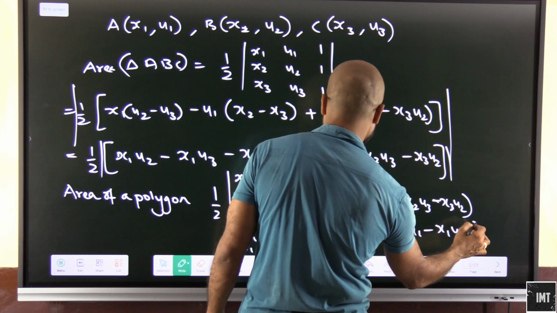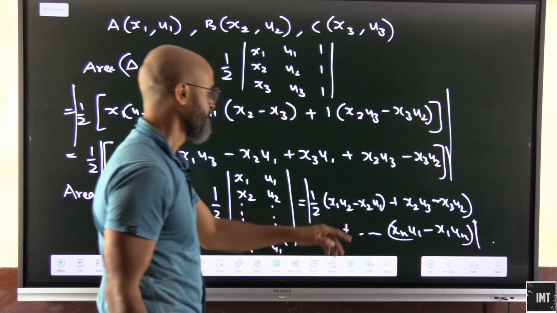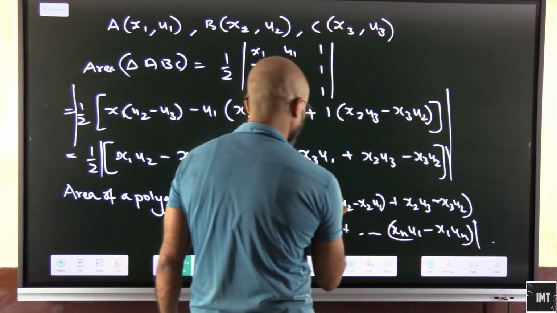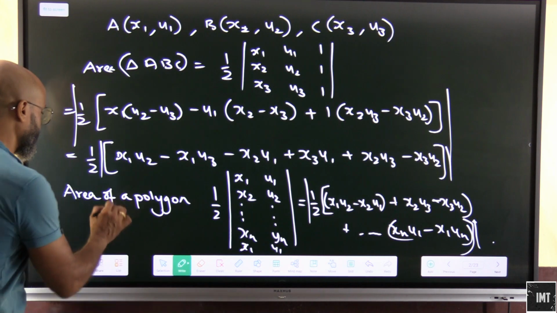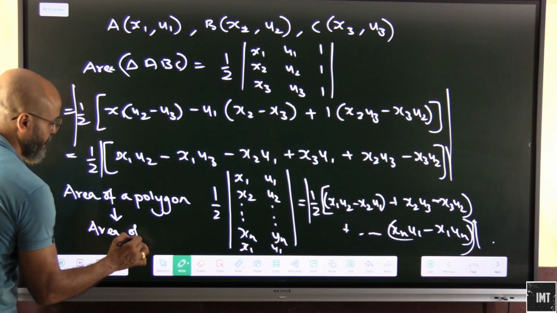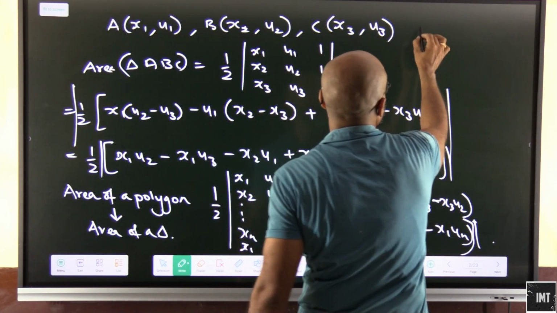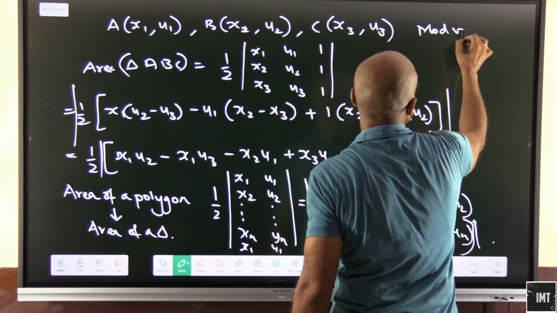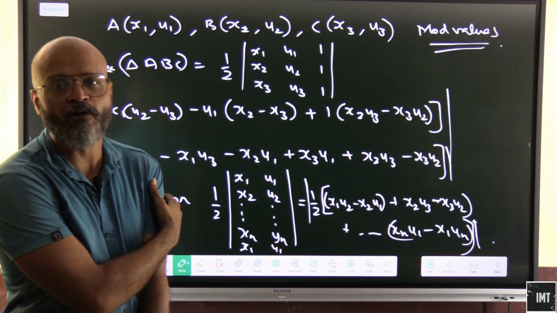This is the closure of the brackets. This formula can also be applied to find the area of a triangle, because a triangle is also definitely a polygon. All we have to ensure is that we are taking mod values. It's very important that we take mod values here.